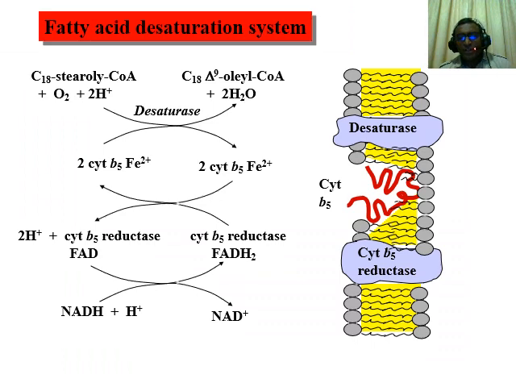This is another representation of that desaturation process, showing that the membrane of the smooth endoplasmic reticulum has the two electron carriers as well as the desaturase within it. It starts with the NADH providing the electron as well as the hydrogen ion, going through the carrier proteins one at a time, and then finally to the oxygen.